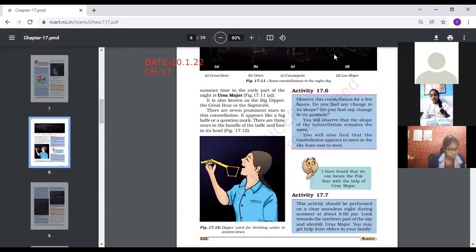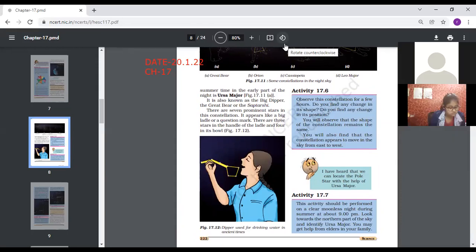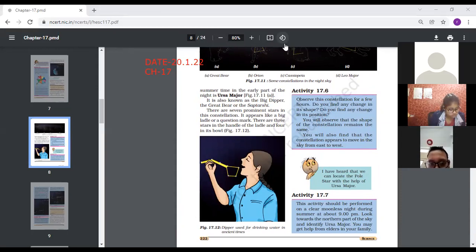There are 7 prominent stars in this constellation. It appears like a big ladle or a question mark. There are 3 stars in the handle of the ladle and 4 in the bowl, figure 17.12. In all ancient cultures, very interesting mythological stories have been associated with the various constellations.